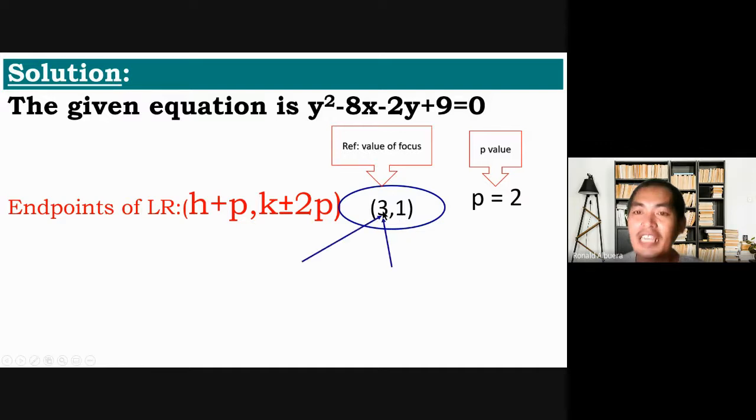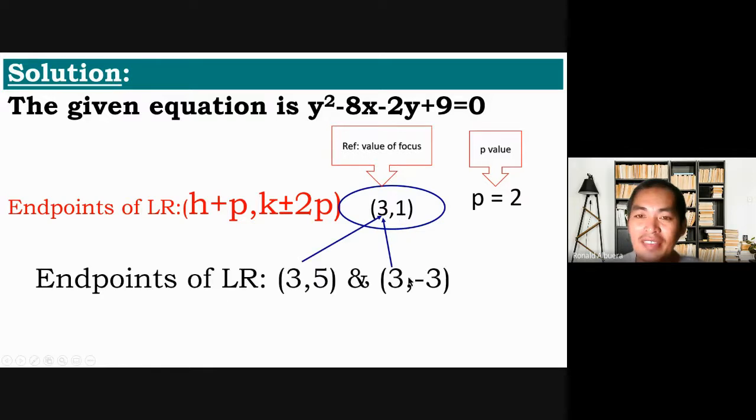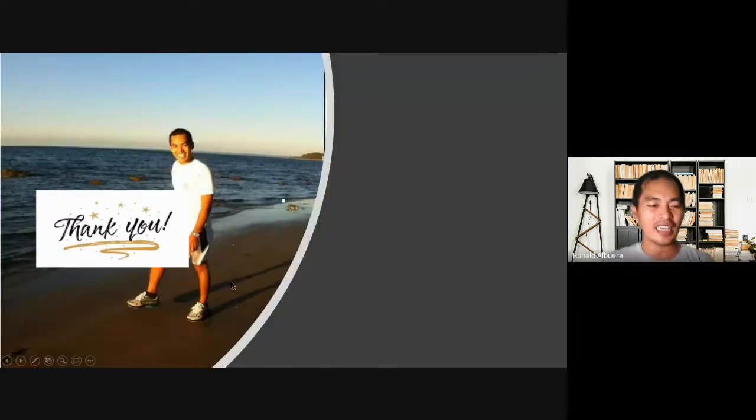Okay? Kinokopya lang yung x. So we have 3 and 3. At yung sa y value ay 1 plus or minus twice of p. So 4, 1 plus 4 is 5 or 1 minus 4 is negative 3. And that's the endpoints or coordinates of the endpoints of the latus rectum. Okay, if you notice, yun lang po.